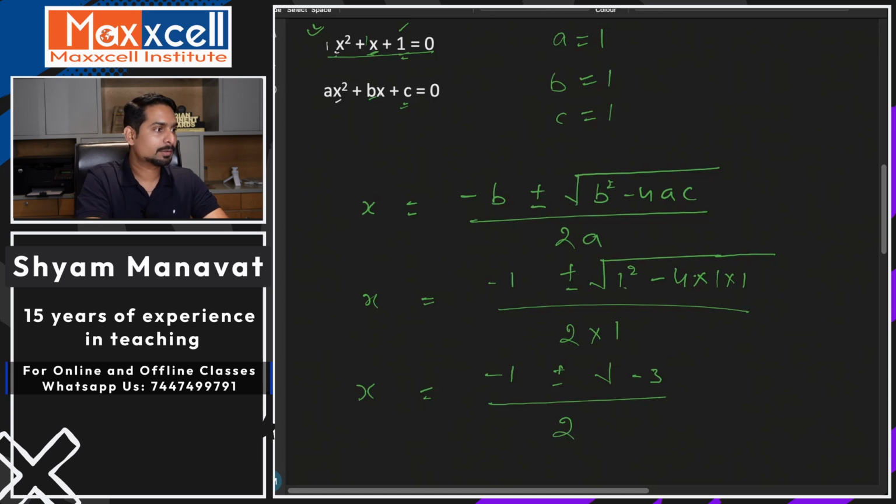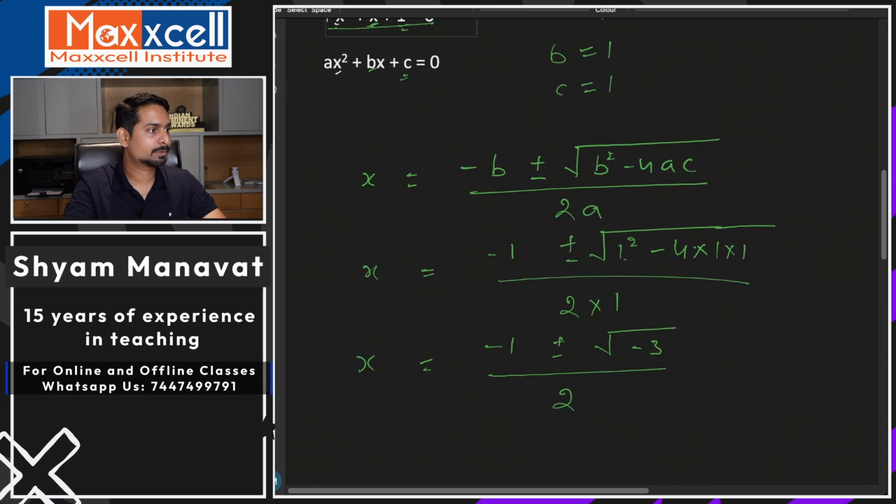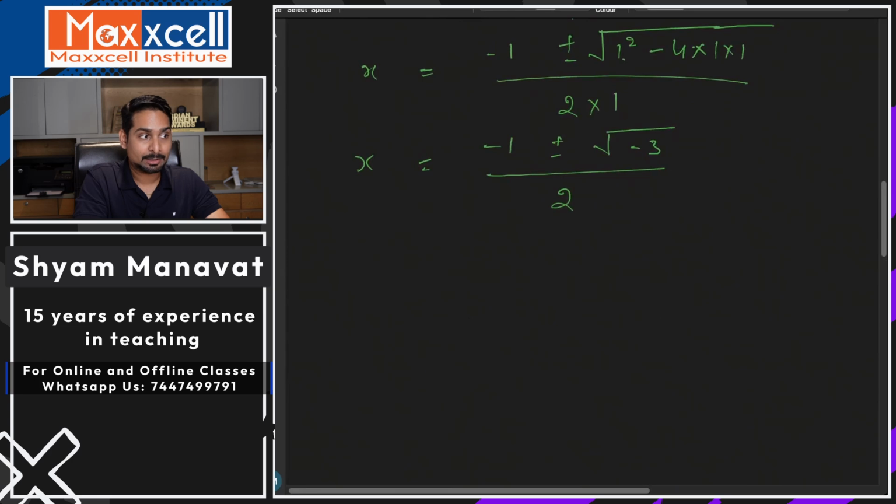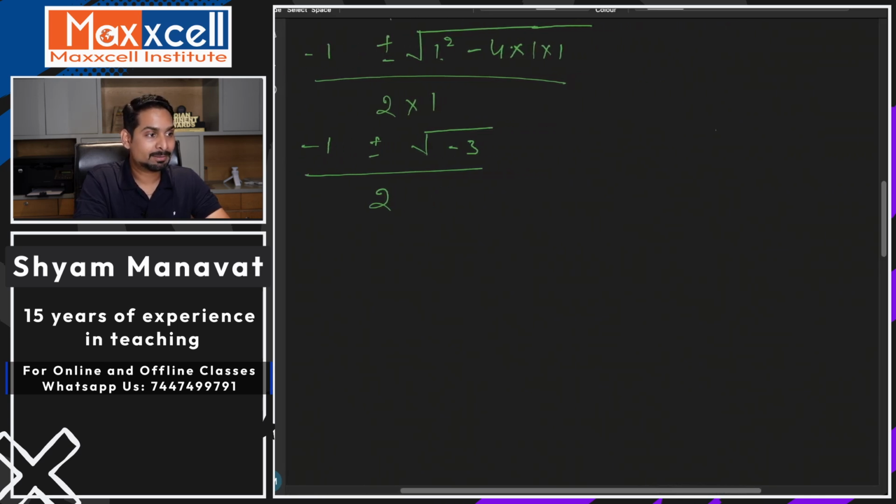Now from here you will get two different values when you consider the plus sign and the minus sign separately. But there is a catch. You have a negative number under square root. When you have a negative number like minus 1 under square root, that's called iota, which we use for imaginary values.